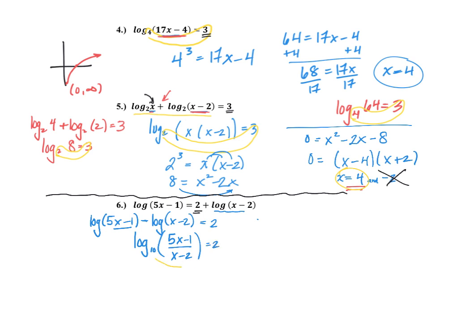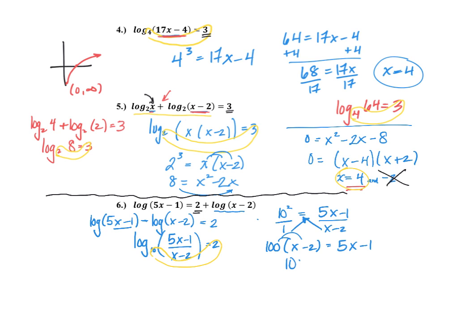Let's switch it to exponential. That's going to give me 10 to the second is equal to 5x minus 1 over x minus 2. Now this is over 1. I know that 10 squared is 100. So if I cross multiply here, that's going to give me 100 times x minus 2. And this 1 times 5x minus 1 is not going to change. Let's keep going.